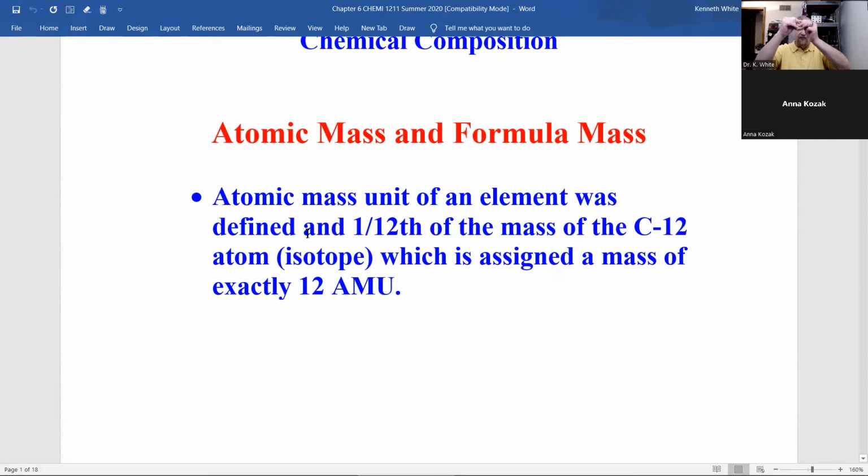Now, this is important background information. Atomic mass of an element was defined as 1/12 of the mass of carbon C12 isotope, which is assigned a mass of 12 AMU.